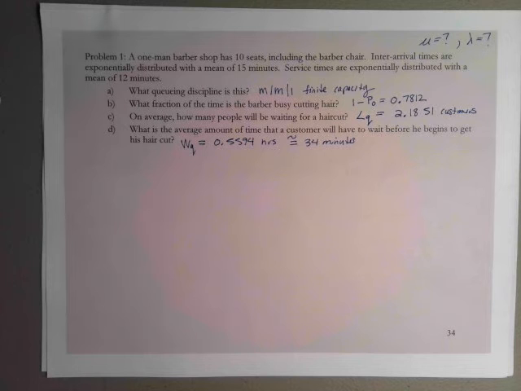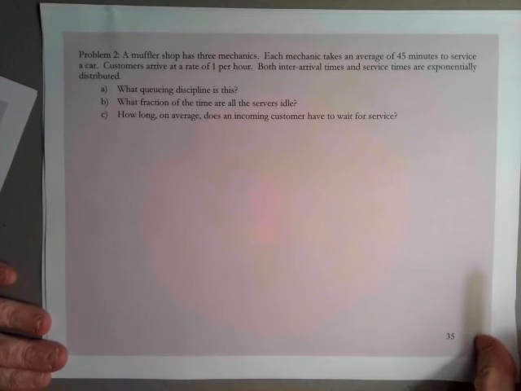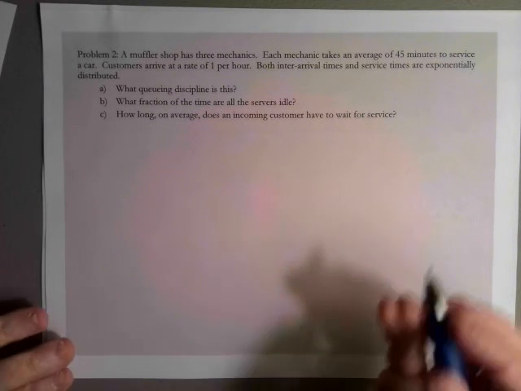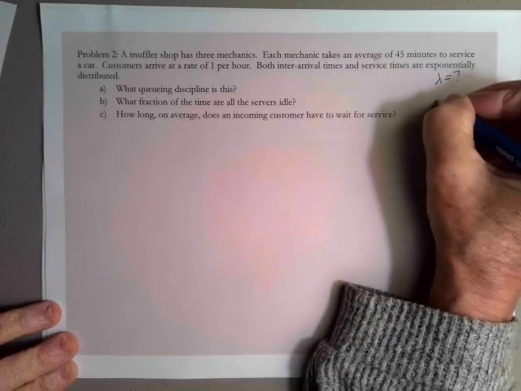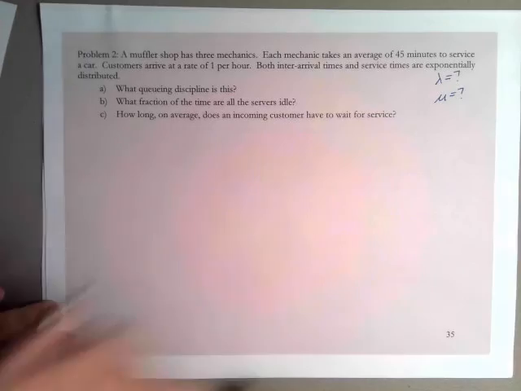Next problem, and there's just two that I'm doing here. The next one says we have a muffler shop with 3 mechanics. Each mechanic takes an average of 45 minutes to service a car. Customers arrive at a rate of 1 per hour, and both inter-arrival times and service times are exponentially distributed. From this problem, again, I want you to determine what lambda and mu are, but I'll give you the answers to these questions.